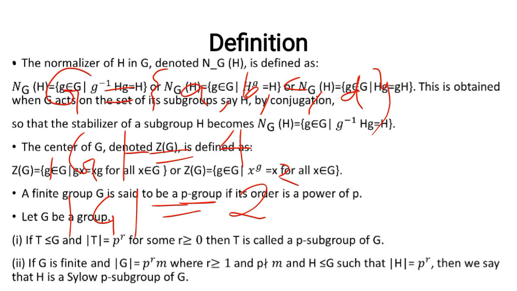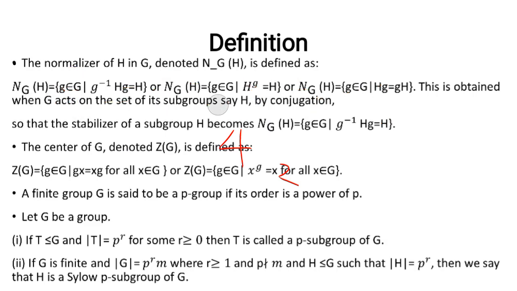Agree? So is this a P group? Yes, it is a P group because it is a power of P. Do you understand now? So G is a P group if its order is a power of P.